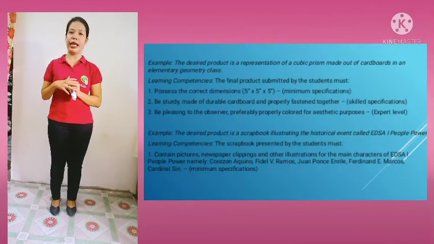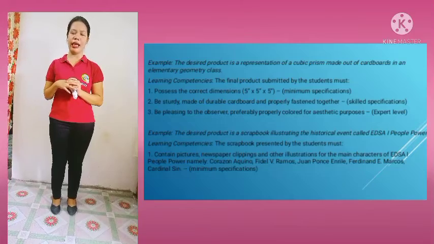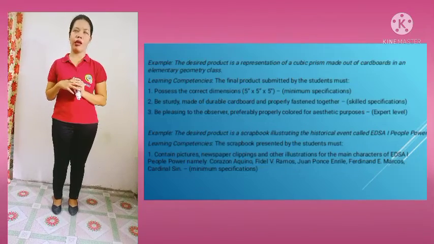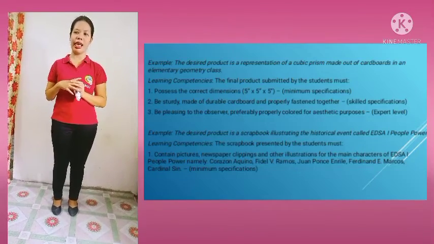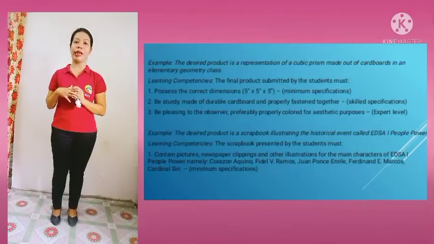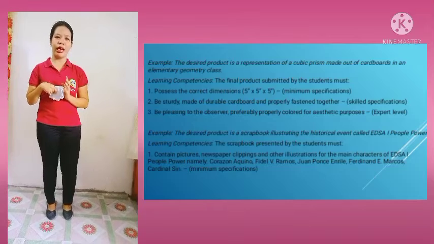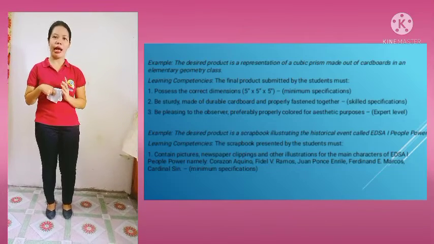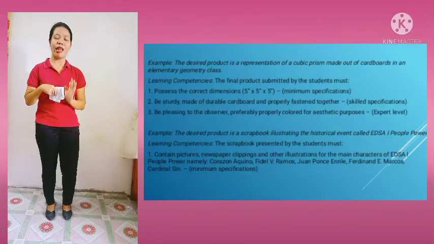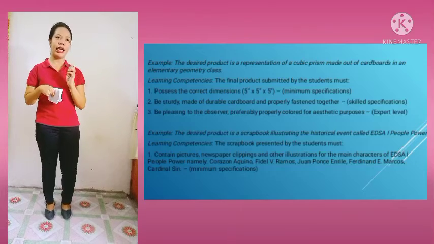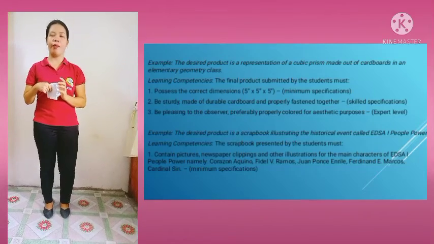So the output of the students were in the beginners. So sa paggawa nila ng scrapbook, hindi pa siya kumpleto. Kumbaga, kung ano lang yung mga litrato lang yung nalalagay nila at saka hindi siya full detailed.